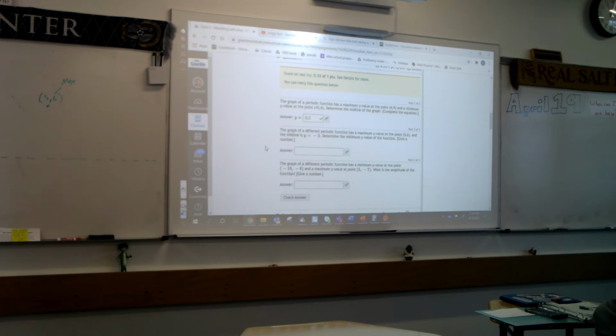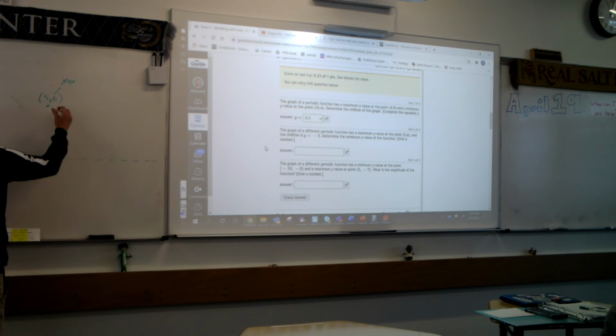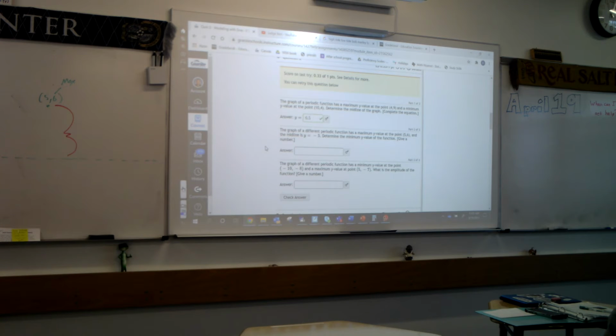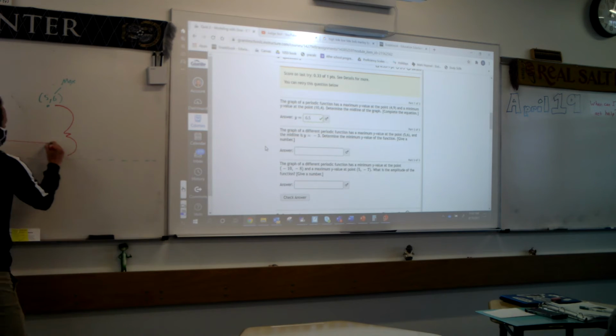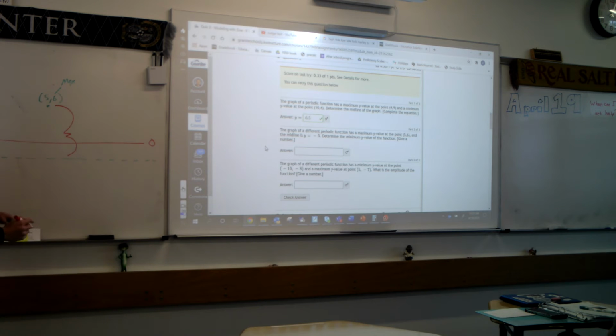So it wants to know the minimum y value. Well, let's just talk about the amplitude here. What's the distance between 6 and negative 3? Nine, because if this is the x-axis, from 6 to 0 is 6, but then I need to go 3 more, so the total distance there is 9, right?